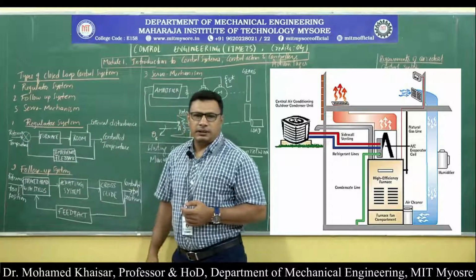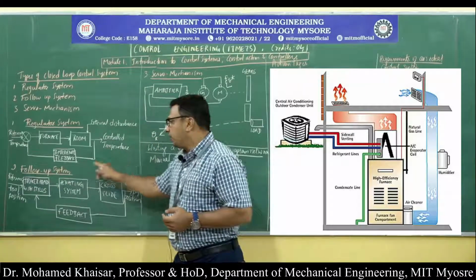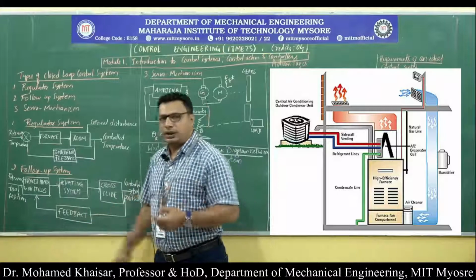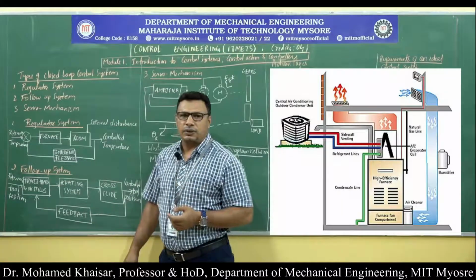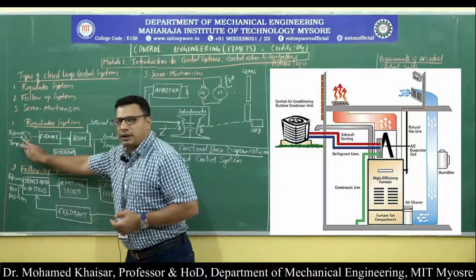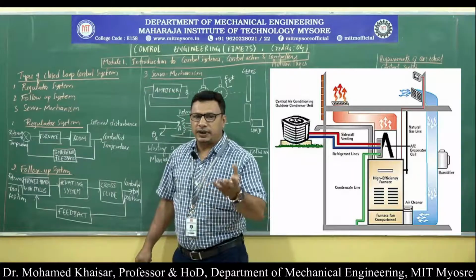If the temperature is as good as we want it inside the room, then the thermostat continues the same number of heating cycles. If the actual output measured is lesser than what we desire, say it is about 20 degrees centigrade, whereas we wanted 22 degrees centigrade to be maintained inside the room, then a comparison is made: the temperature inside the room is 2 degrees less than what we want.